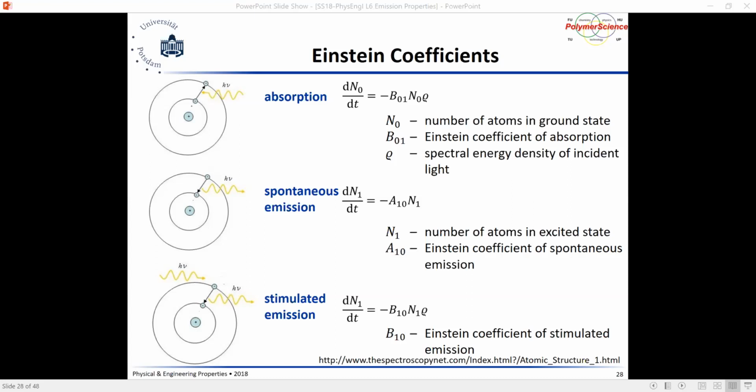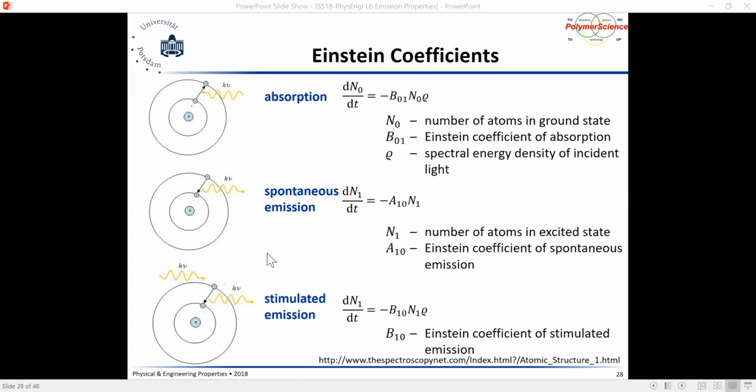The change in the number density of atoms in state 0 per unit time due to the absorption is given by this equation. So dN/dt, and N has to be N of the initial state, so for us it's 0, equals minus the Einstein coefficient times the initial number of atoms that were in the ground state, times the spectral energy density of incident light.